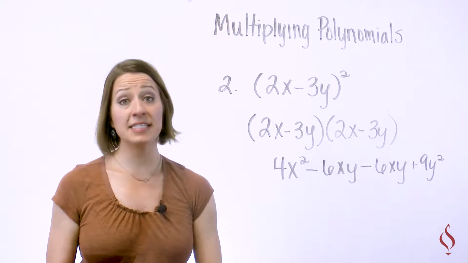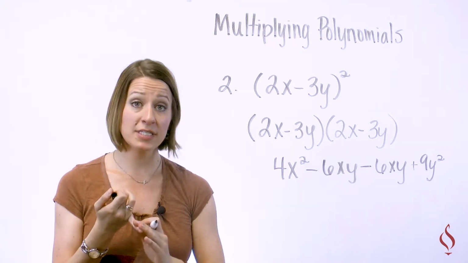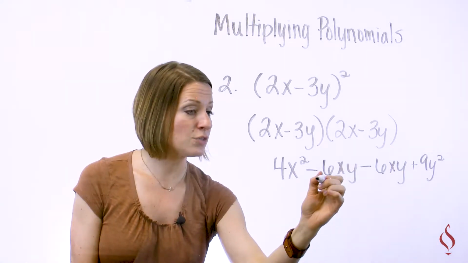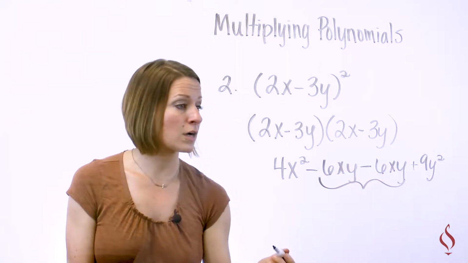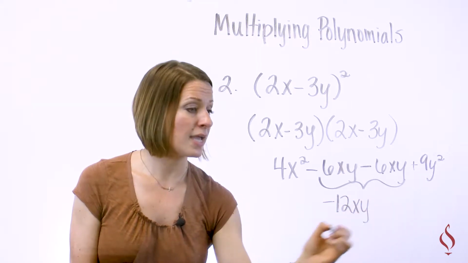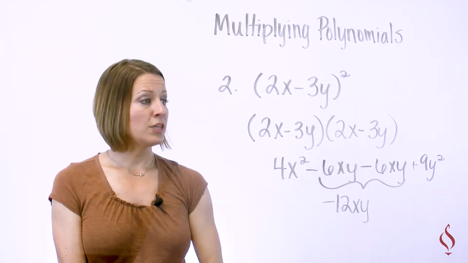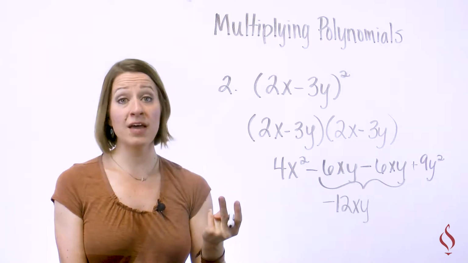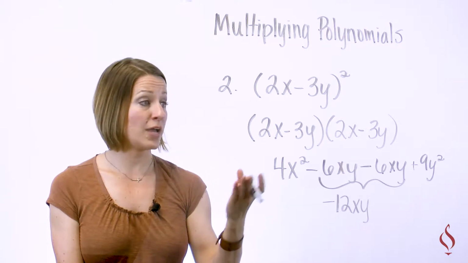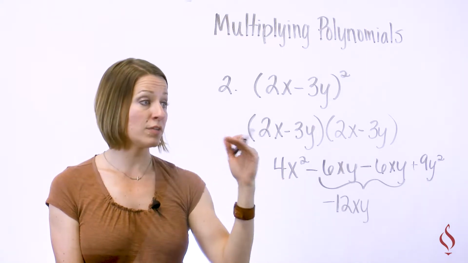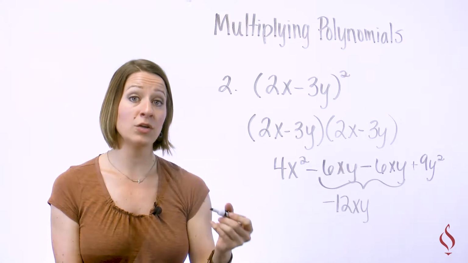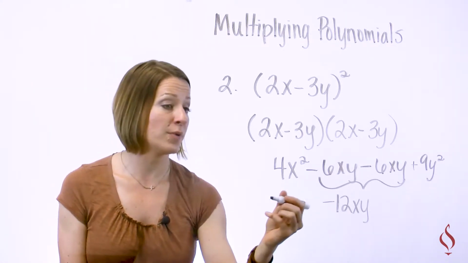Okay, to finalize this answer, we need to put this in descending order and collect like terms. These two in the middle are our like terms. This combines to negative 12xy. There's two variables that both have an exponent of 2. When you're in that situation where you have the same exponent, you need to go with the one that comes first in the alphabet.